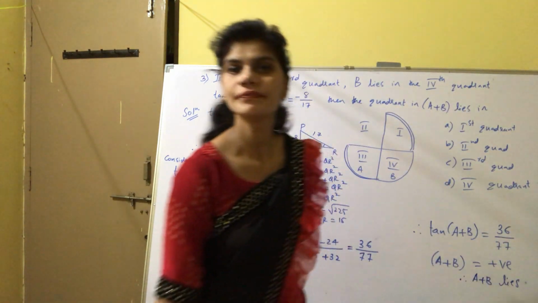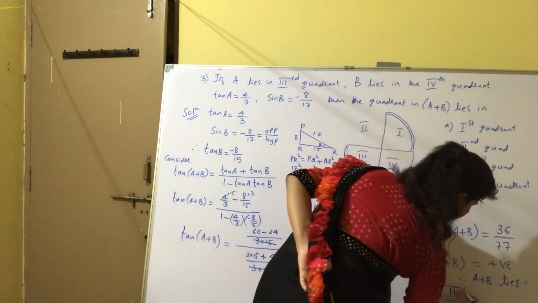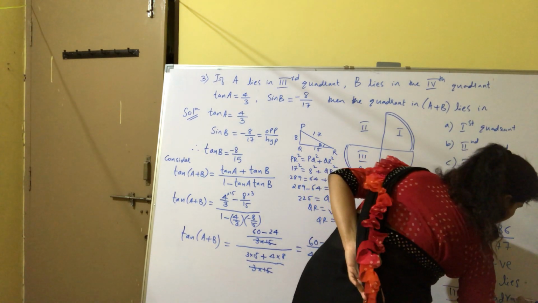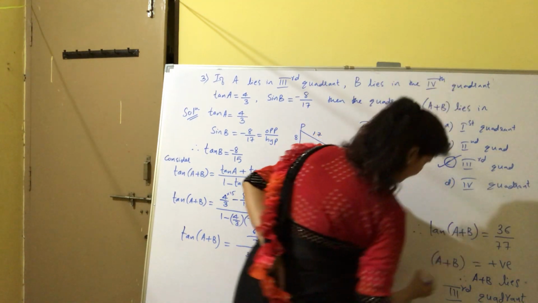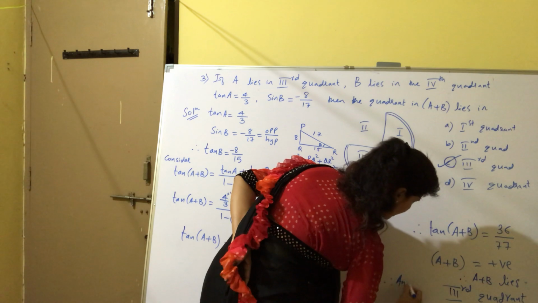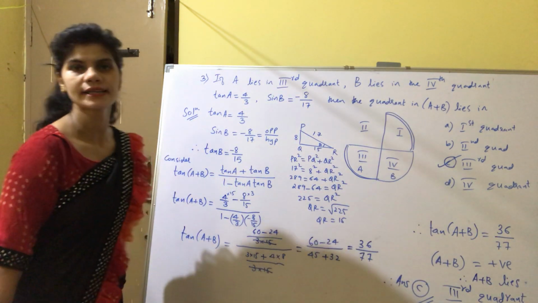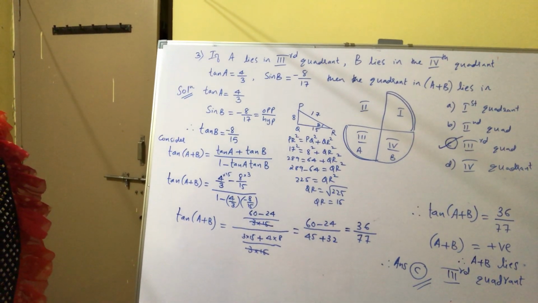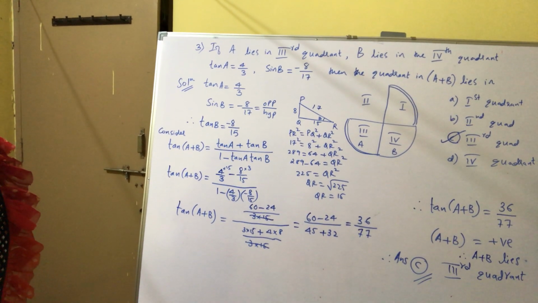It lies in the third quadrant. Hence, the answer is option C, the third quadrant, which A plus B lies in.